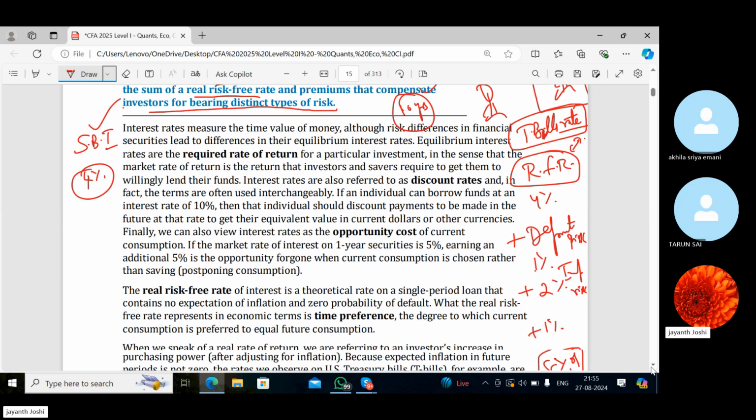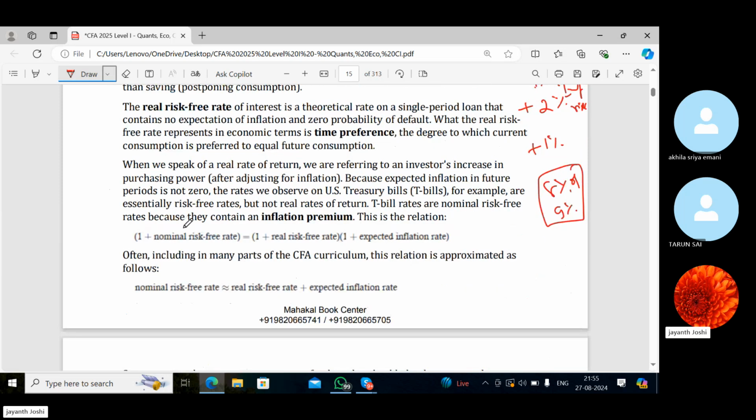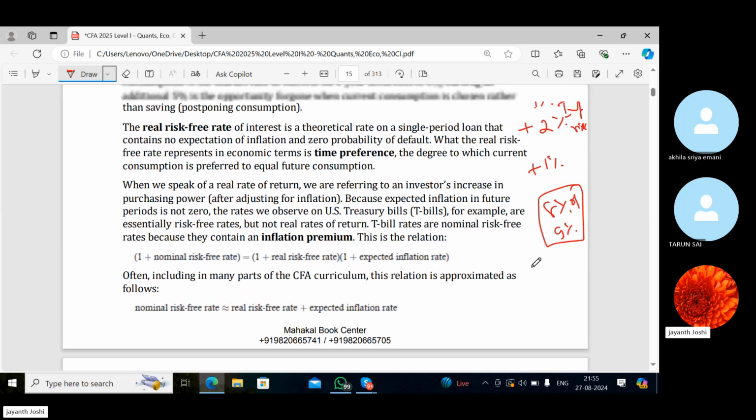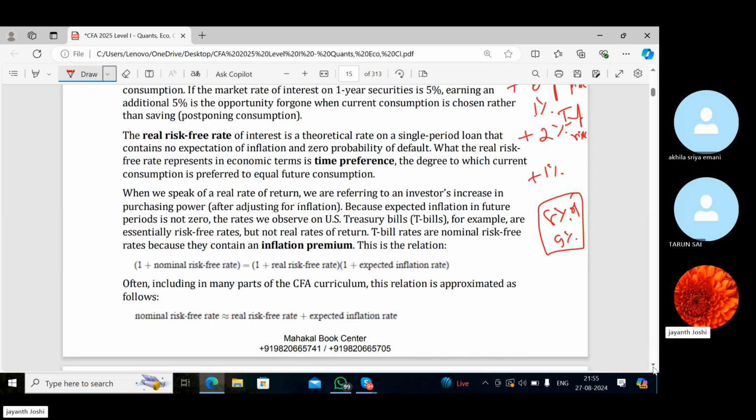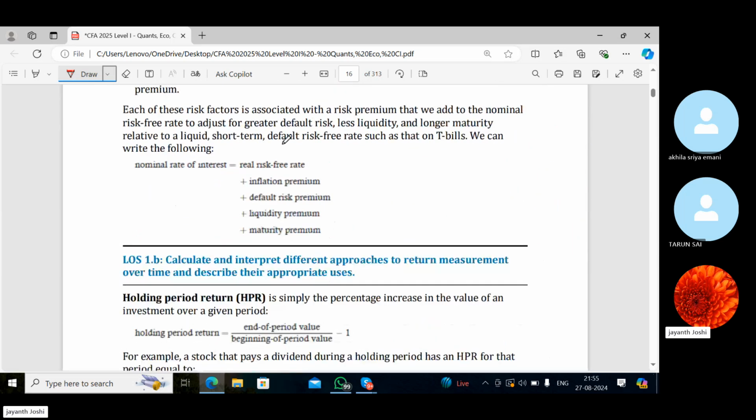Okay, so this is what I have explained you, how it goes. I will just give you a small explanation here. You can see this. So what is the interest rate Mr. X is going to charge on Mr. Y? It starts from the risk-free rate, then inflation premium.